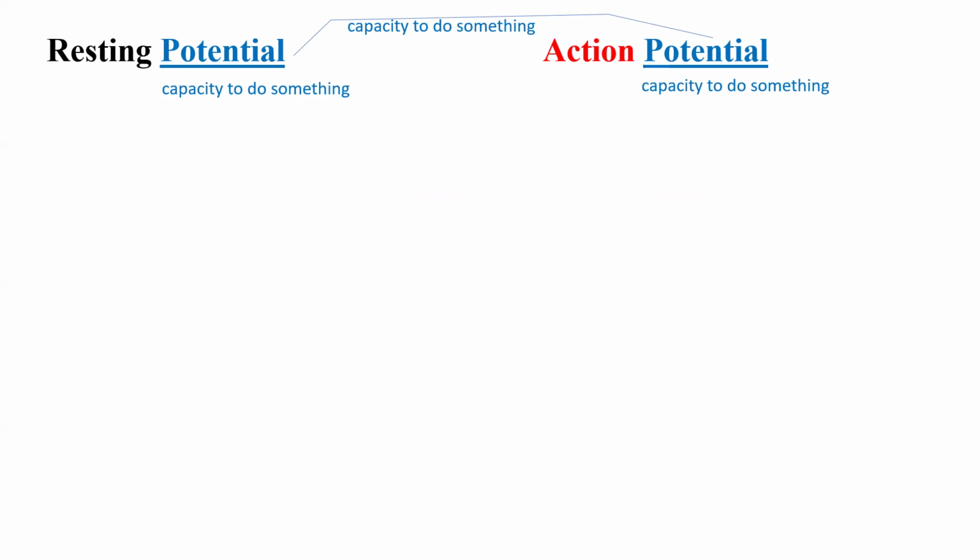So the first thing you got from here is that it is something about the capacity to do something. But capacity about what? If it is a resting potential, it is the capacity to keep the state of rest. But in the case of action potential, it is the capacity to produce a particular sort of action.